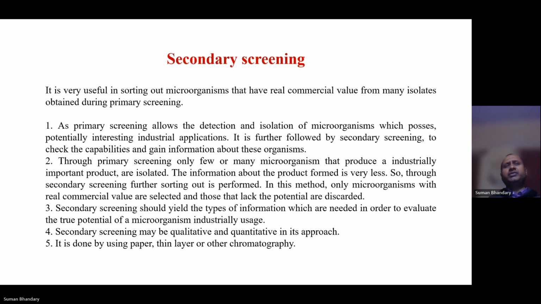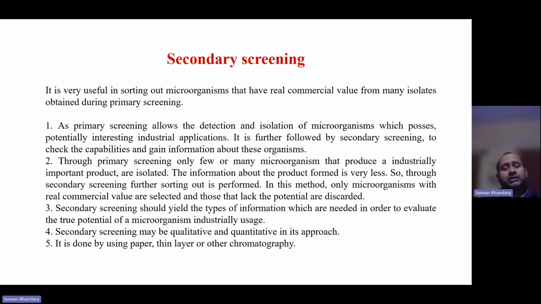So certain information we can get from the secondary screening process: the ability or potentiality of the microorganism to produce certain metabolites that should have industrial importance, and we consider it as an industrially important microorganism.